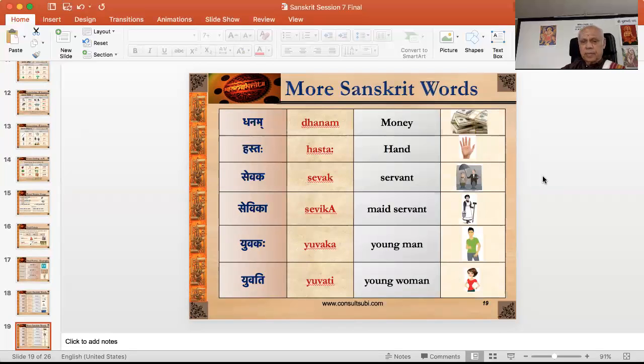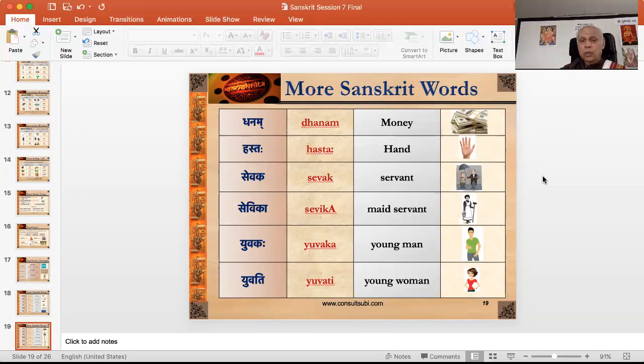Sevaka. Sevak. Servant. One who does service. Sevika refers to a maid servant. Sevaka refers to a male servant. Yuvakaha, young man. Yuvati. See, the ending is in E, referring automatically to a female gender here.